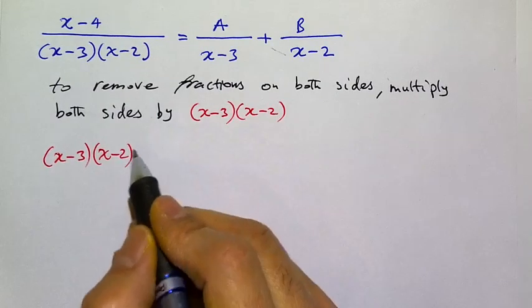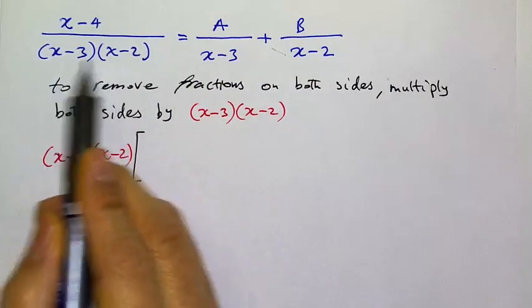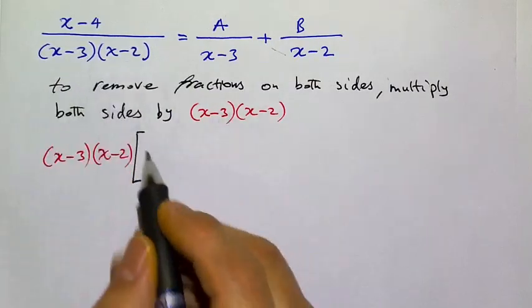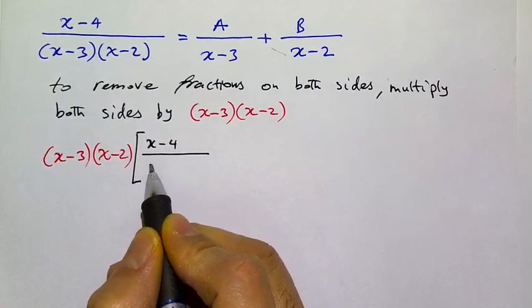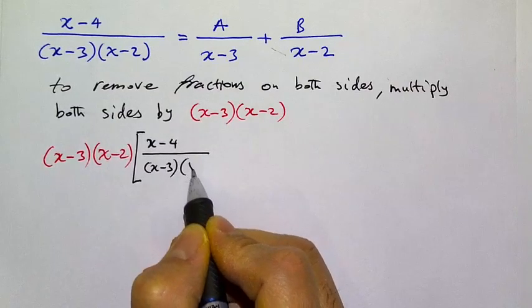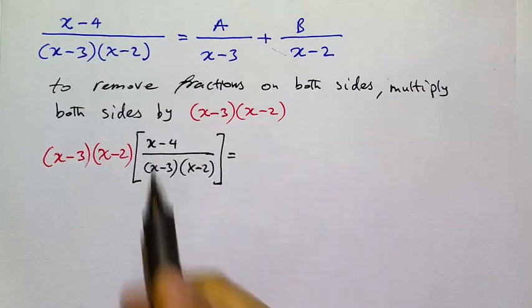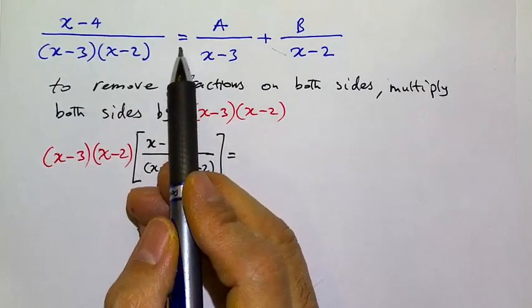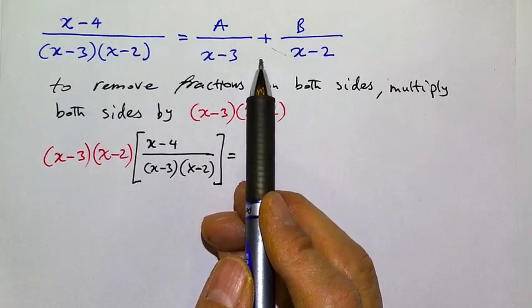So I'm going to multiply the left side by this, because I know that will clear this fraction, right? Times x minus 4 divided by x minus 3 times x minus 2 equals, with equations, we can't do one thing to one side and not do it to the other side, right?